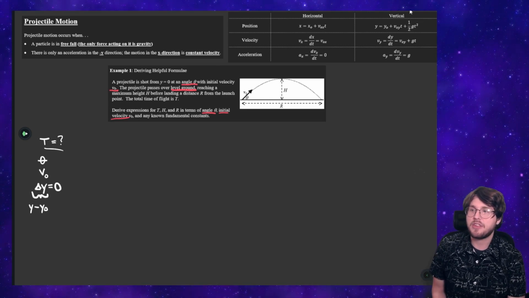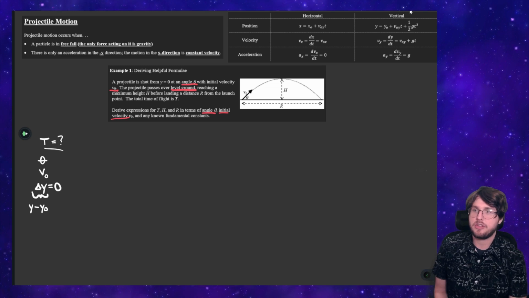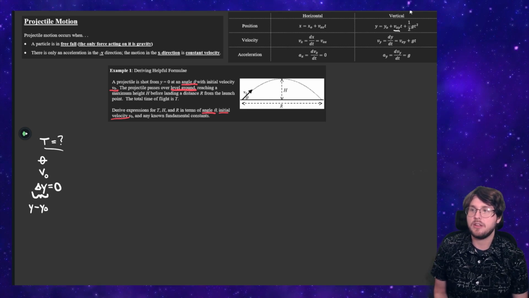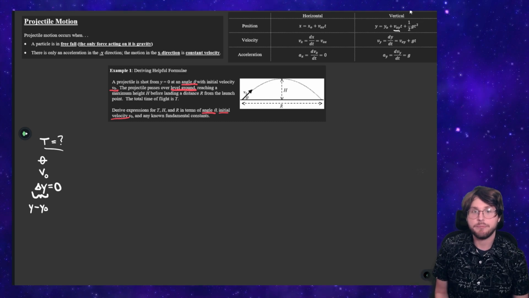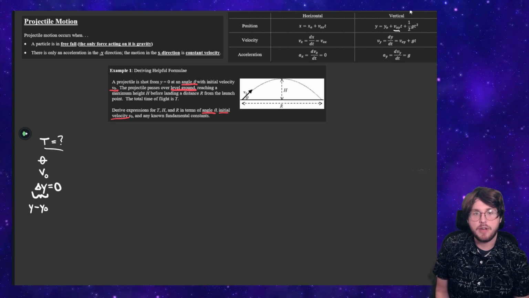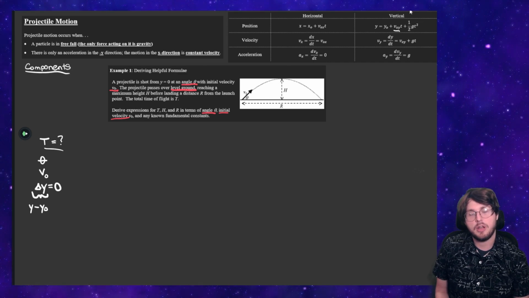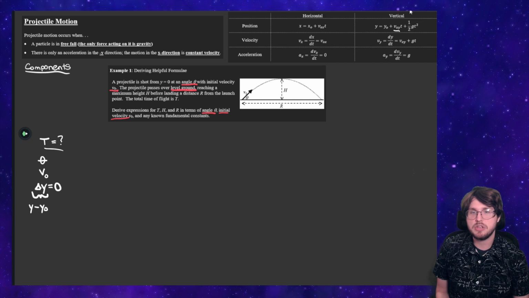Now, the other thing that's kind of missing from this equation before we can actually start doing some math is that we need the initial y component of the object's velocity only. And so I'm going to suggest that we find the components before anything else. And I'm going to do that up here. And for components, remember that we're really just envisioning a right triangle with whatever the initial velocity is right here.